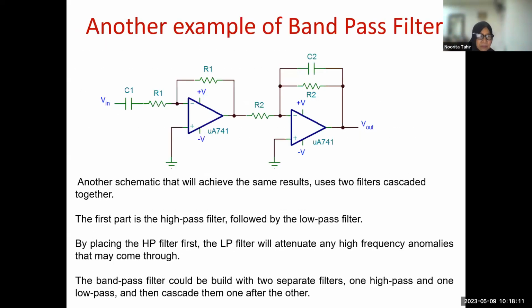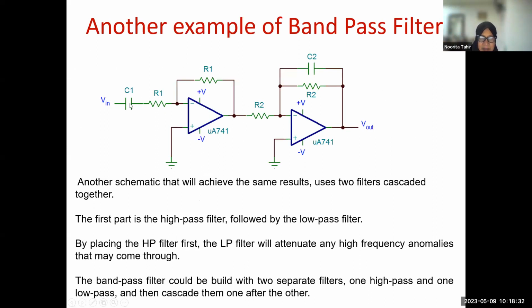This is another example of a band pass filter, but we call it a two-pole, which gives similar results to the earlier one. We have the high pass filter op-amp.